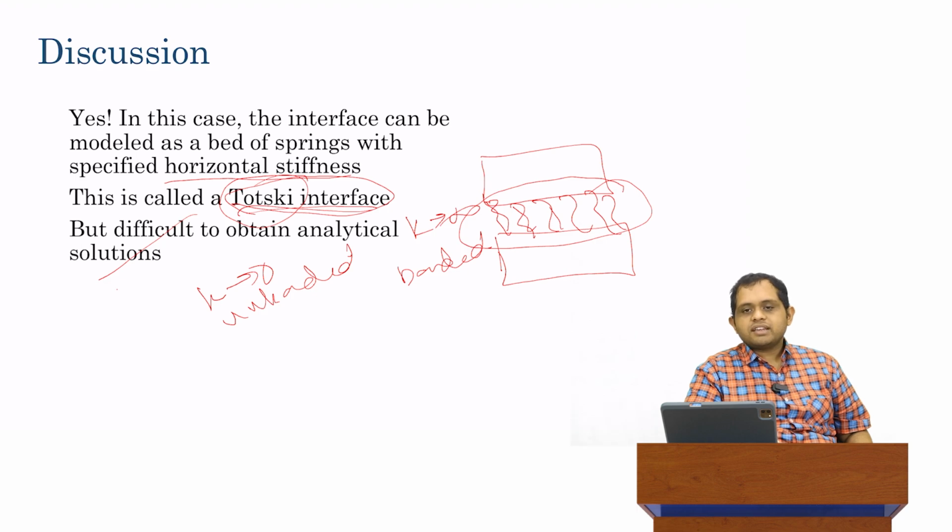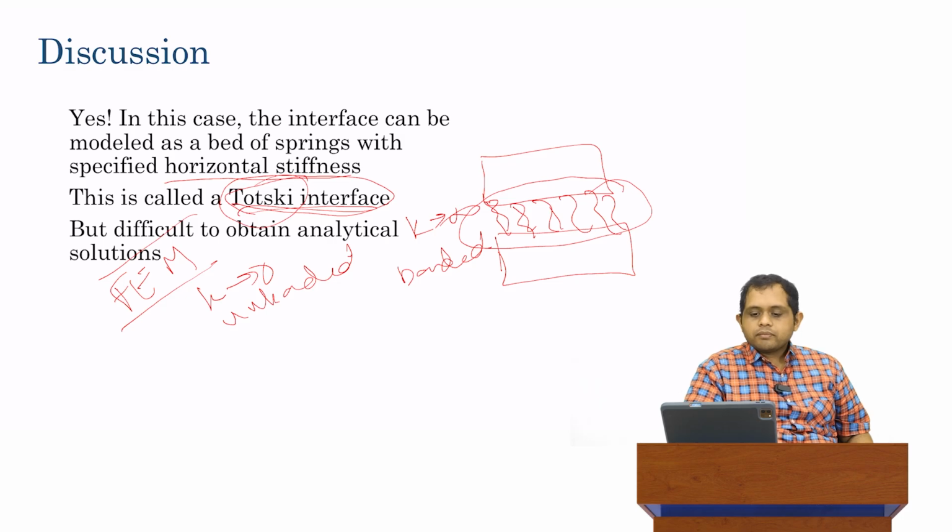The Totsky interface is certainly a more realistic situation, but to solve a two-layer system like this using a Totsky interface is not an easy proposition. In fact, it cannot be done analytically. It needs to be done using the finite element method. So we will not discuss this in terms of a solved example now. When we go into looking at examples in the finite element method, which is only about one or two lectures from now, that's when we will revisit and see how a Totsky interface can be implemented.